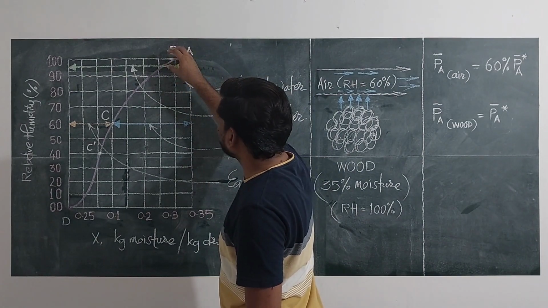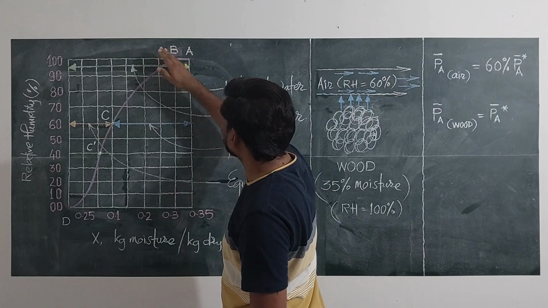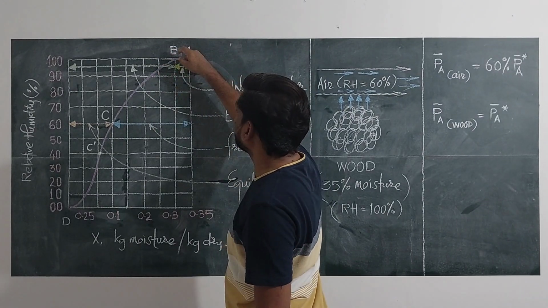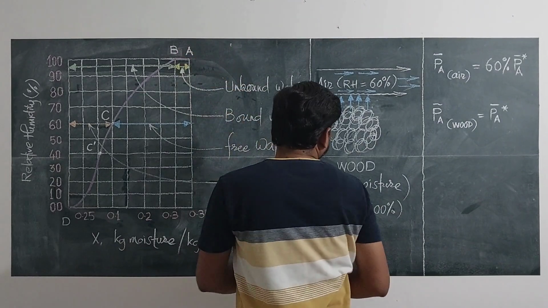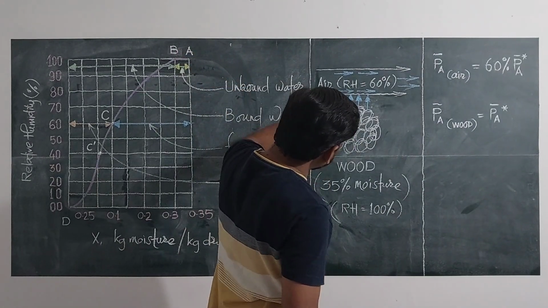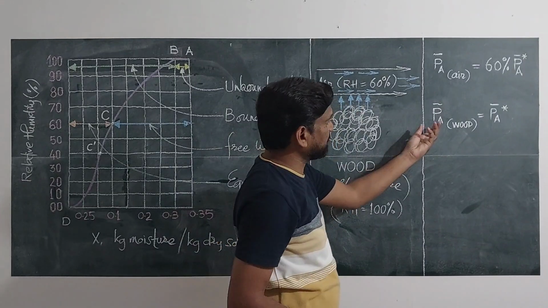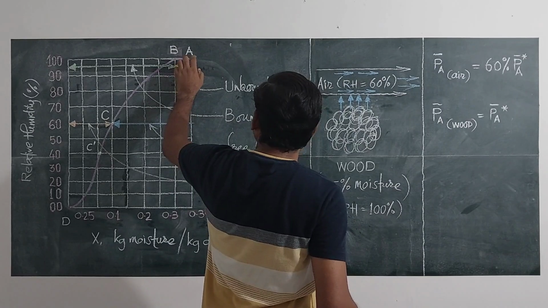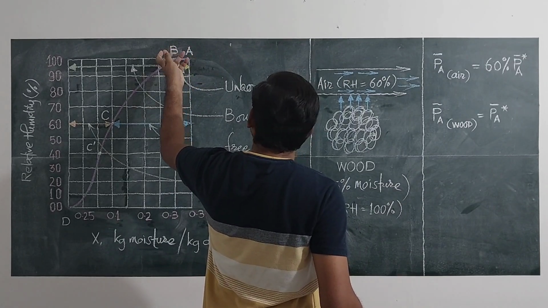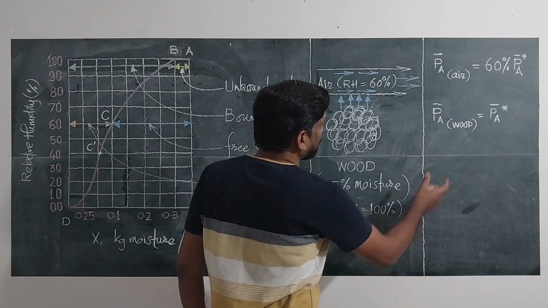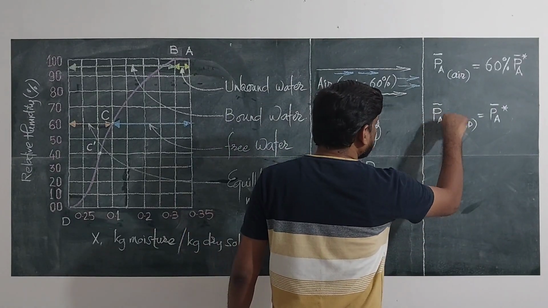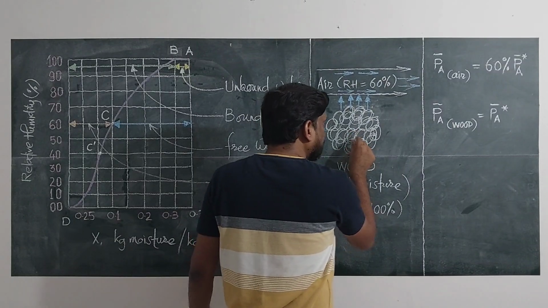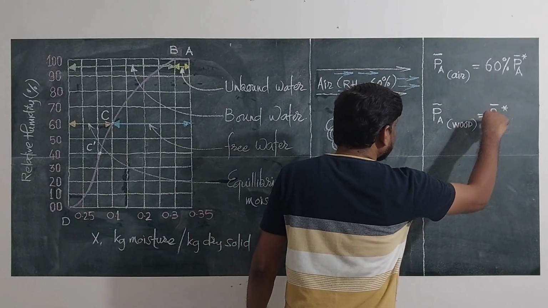At point B and beyond point B up to A, this is the condition: the partial pressure of the moisture contained in wood is equal to its vapor pressure, that is, the water's vapor pressure.